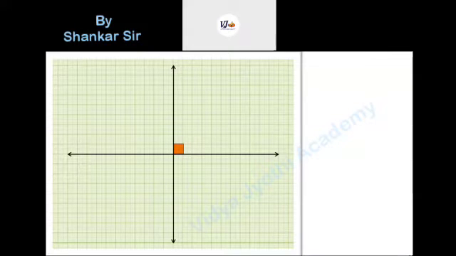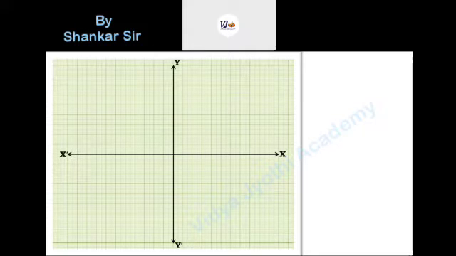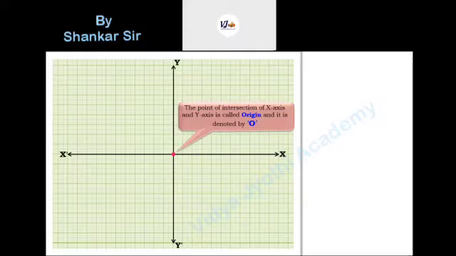See, already explained. This horizontal line is called the x-axis and this vertical line is called the y-axis. The plane is divided into 4 parts called quadrants, and these two lines intersect at one common point.